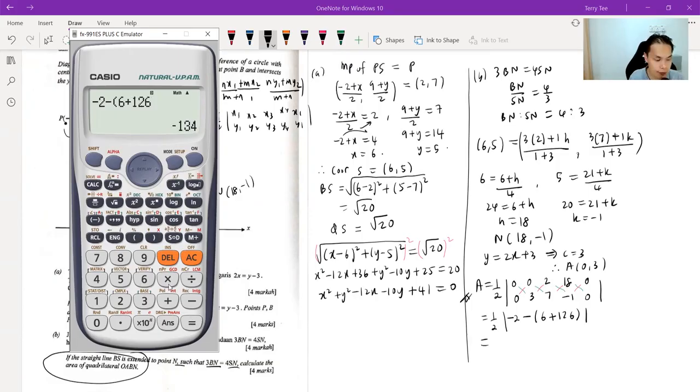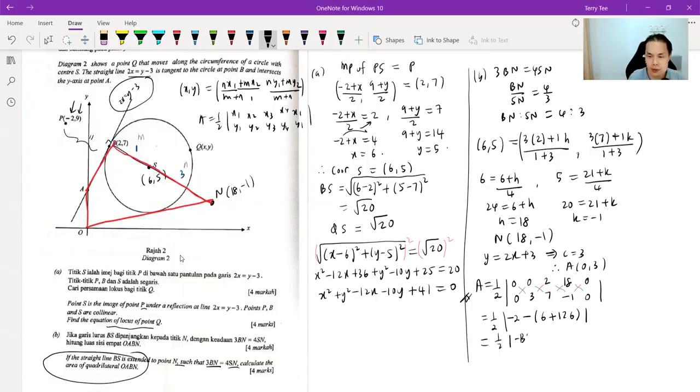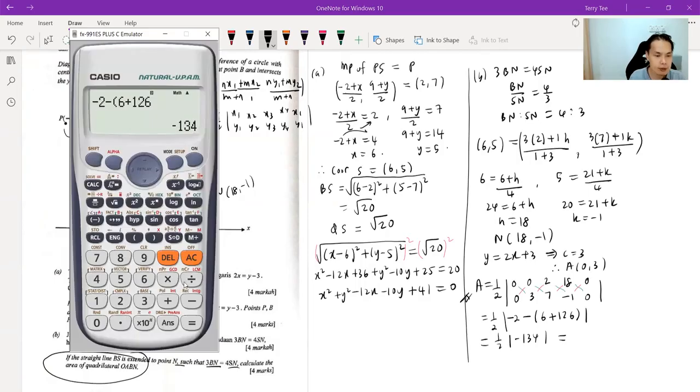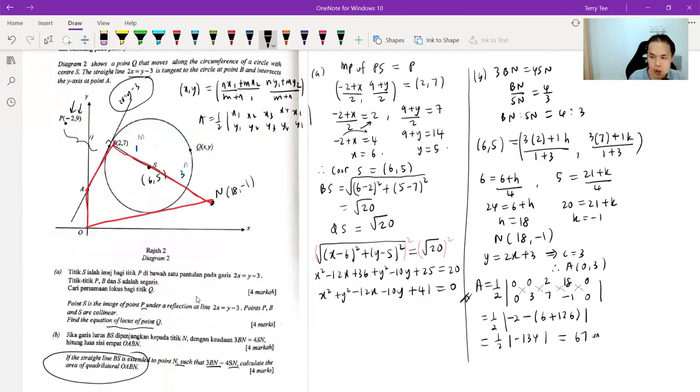Well, this will give us 134. Half of 134, negative. It doesn't matter whether it's positive or negative, because if you use a clockwise direction, you will get negative. If you use anti-clockwise direction, you get positive. Let's take half of this value, divided by 2. We just treat it as positive because area is always positive. So my answer for the area of quadrilateral OABN is now 67 square units.